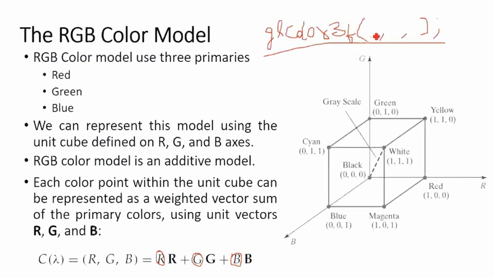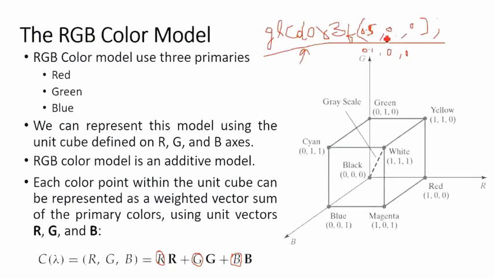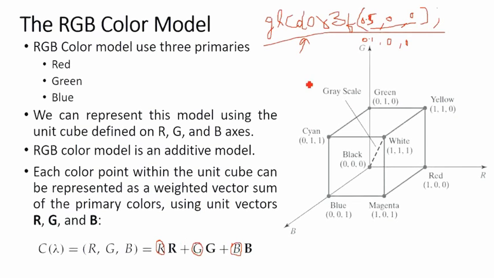I can give it 0.5, 0, 0. That will give me not pure red, but some shade of red, basically a lighter version of red. And if I use 0.1, 0, 0, I will get the whitish red, or a very light red, as the color for the pixel I am trying to color in my OpenGL. So one thing we have to keep in mind is that the values you give here are nothing but the weights that you represent in this equation.